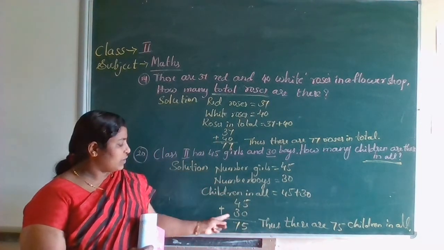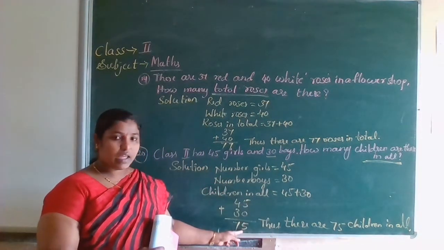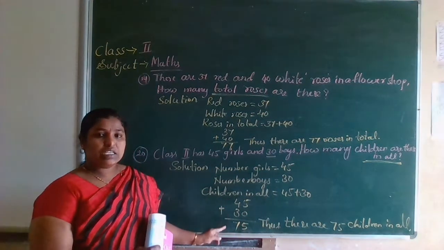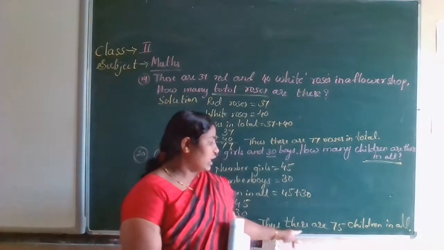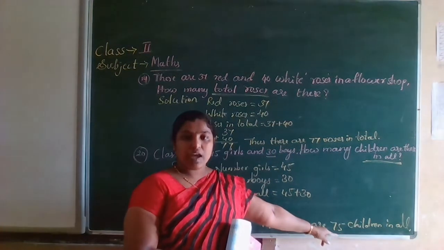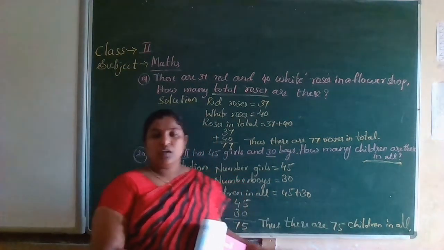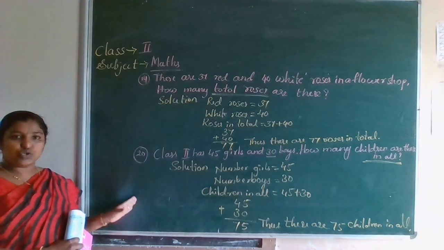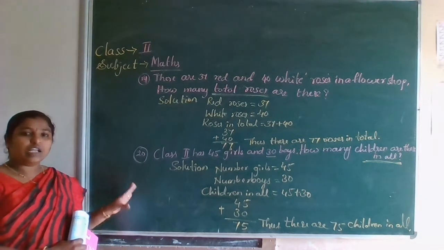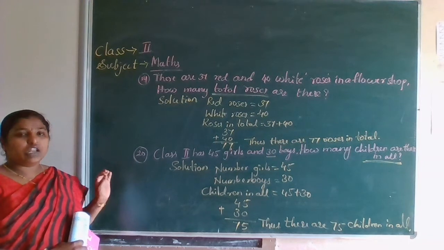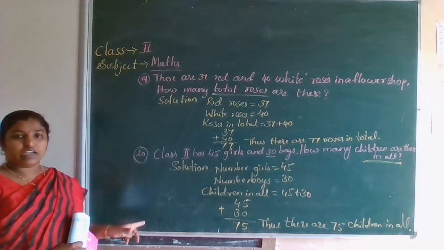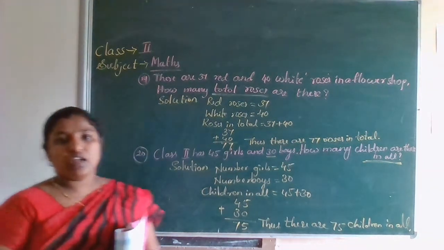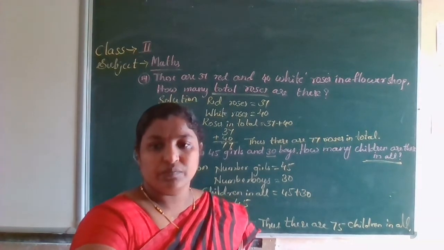So 45 plus 30. 5 plus 0, 5. 4 plus 3, 7. Thus, there are 75 children in all. Okay, write the question also properly and the solution also neatly. Then complete the problem. Now you can pause the video and write it neatly. Then go for the next question.